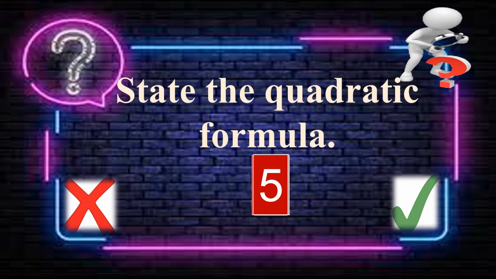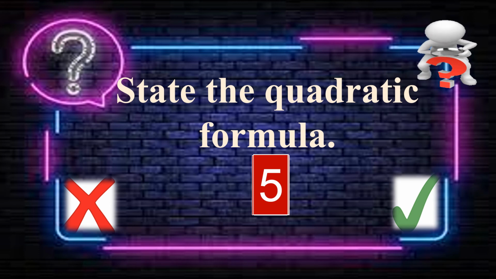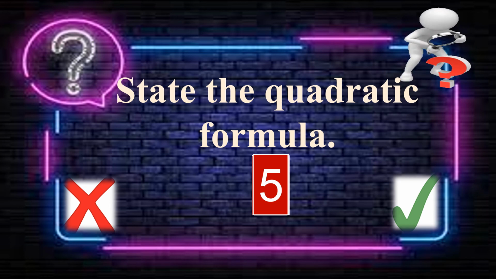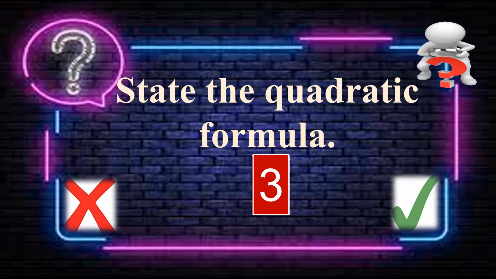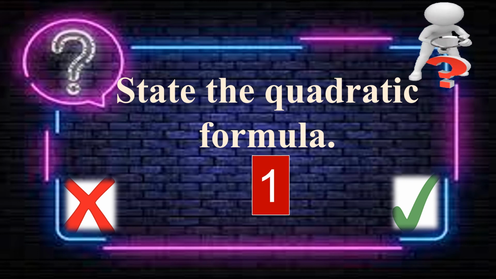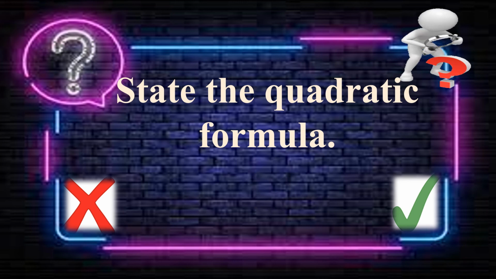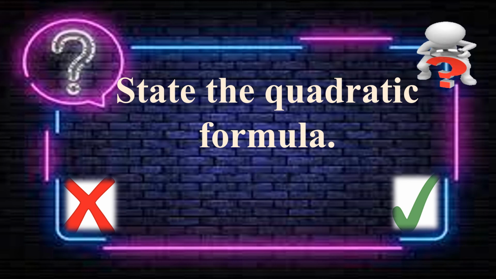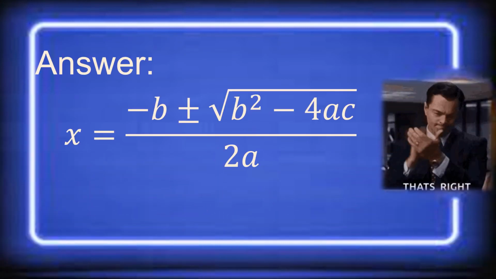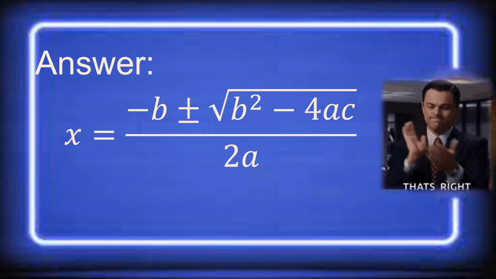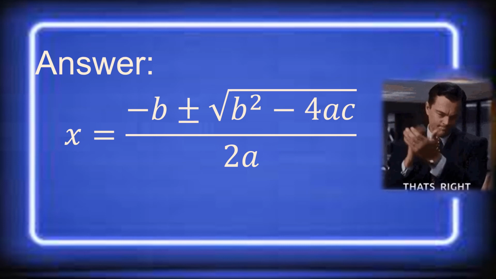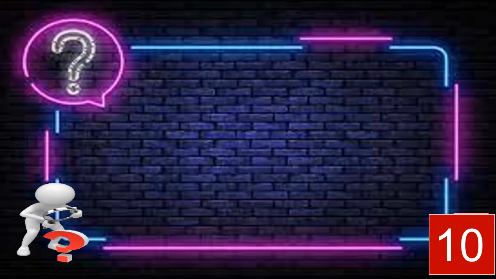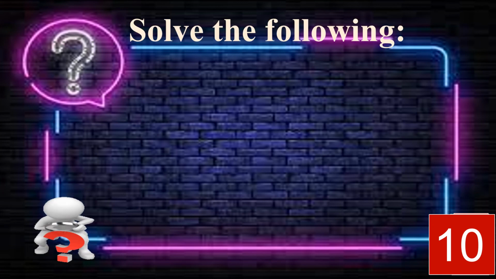Now let us have a short quiz. State the quadratic formula in 5 seconds. That's right. x is equal to negative b plus and minus square root of b squared minus 4ac over 2a. Let us have another one.